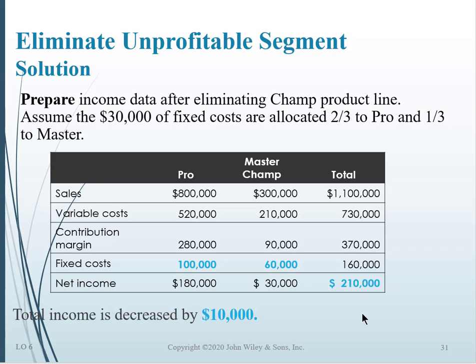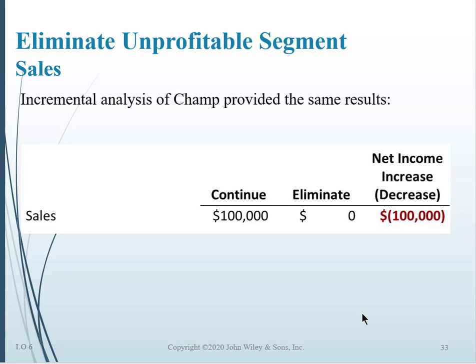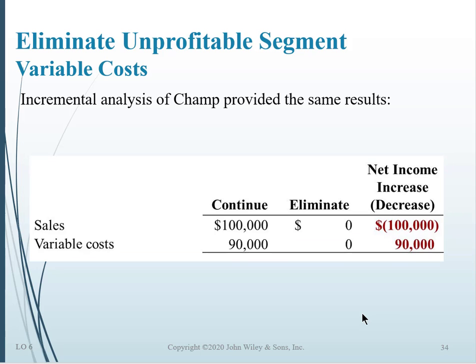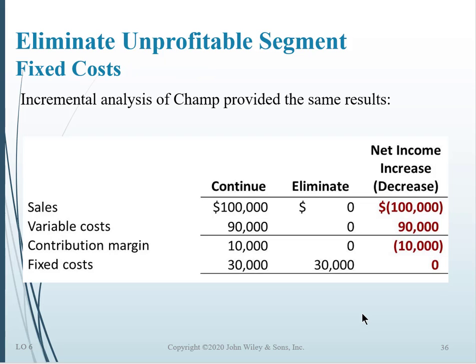But let's see how we could do this looking at an income statement format. If we continue with Champ, we have 100,000 in sales, variable costs are 90,000, and contribution margin is negative 10,000. The fixed cost, if we continue, is 30,000, and if we get rid of it, it's still 30,000.